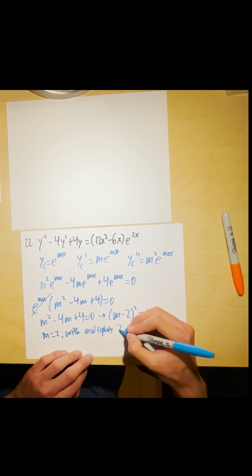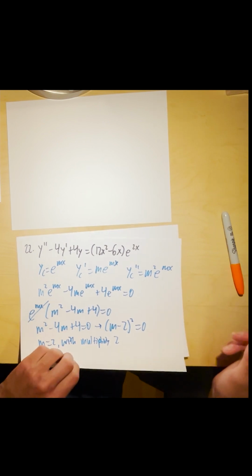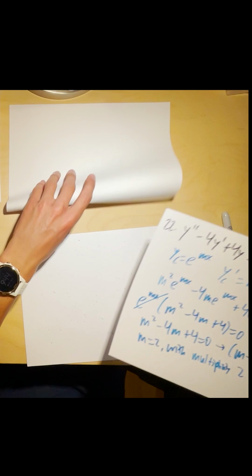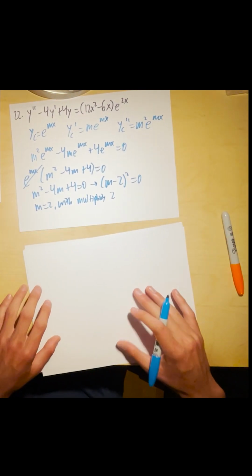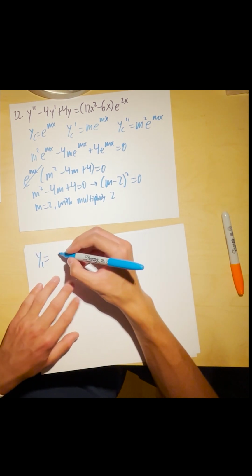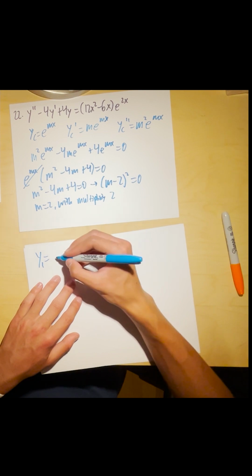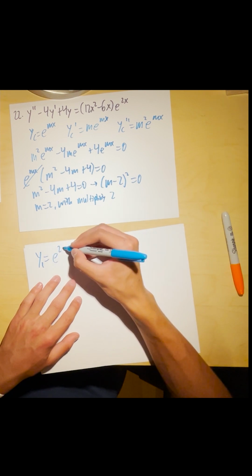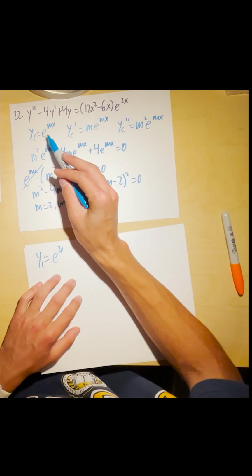which is important because now we can construct our complementary solution. So we have y1 equals, this is y1 of the complementary solutions. We'll have y1 equals e to the 2x because we had yc equals e to the mx.